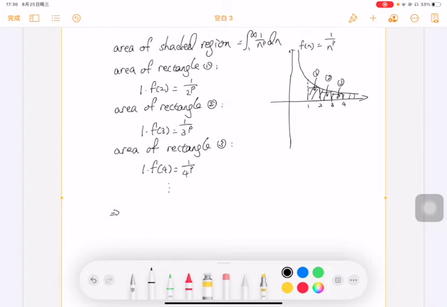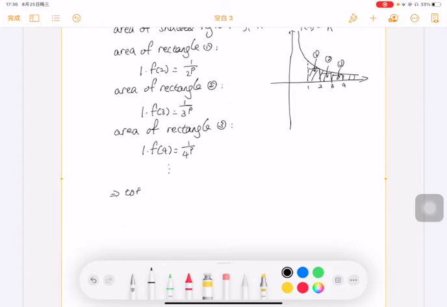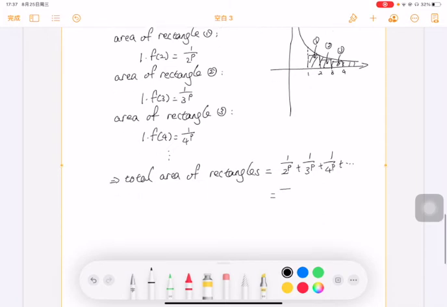If you sum the areas of the rectangles, you get the total area of rectangles equals 1 over 2 to the p plus 1 over 3 to the p plus 1 over 4 to the p plus dot dot dot, which is the sum n from 2 to infinity of 1 over n to the p. Note that this series differs from the original series by only the first term. So this is what I meant by removing the first rectangle or removing the first term.